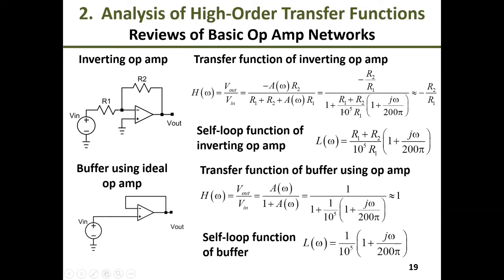But how about the loop gain function of this network? In this result, we saw the loop gain function like this. And we also define the loop gain function in the case of a buffer like this.